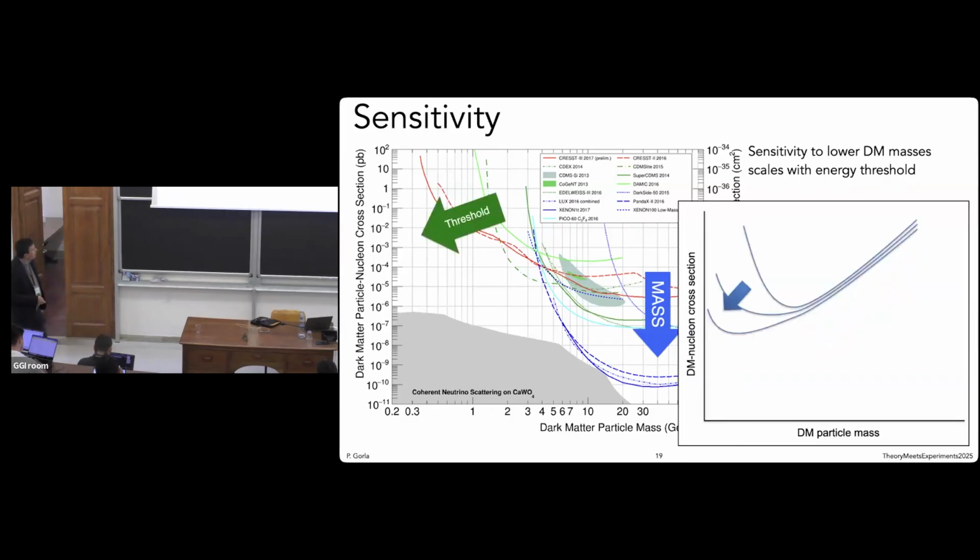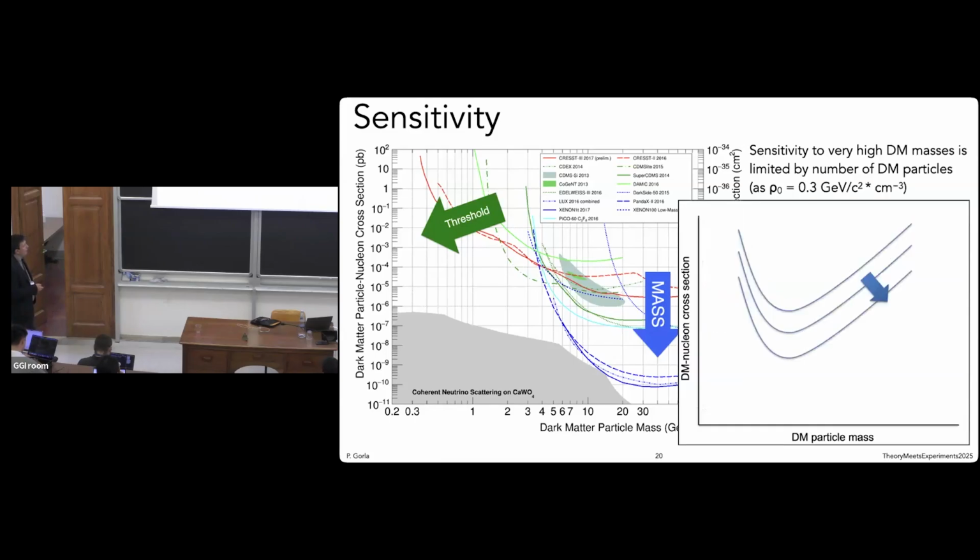But if you move to lower energy, as we just said, the threshold steps in as a relevant ingredient, also because your expected spectrum is quasi-exponential. So for a given dark matter particle mass, the lower you go in threshold, the more you increase exponentially the number of interactions you expect. So threshold has a role in this game.